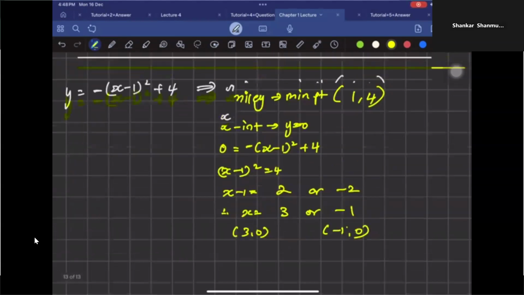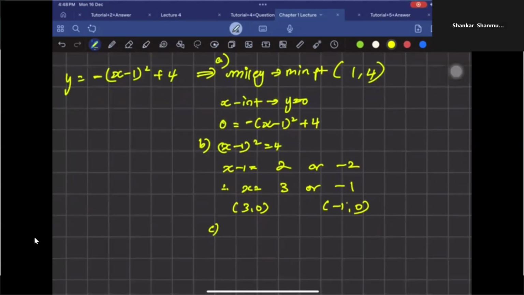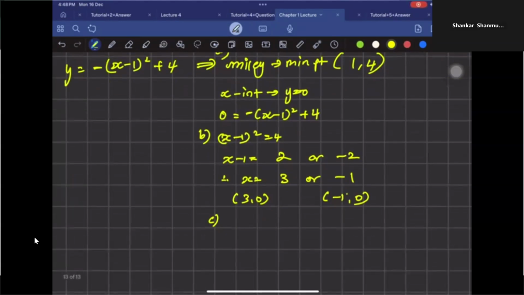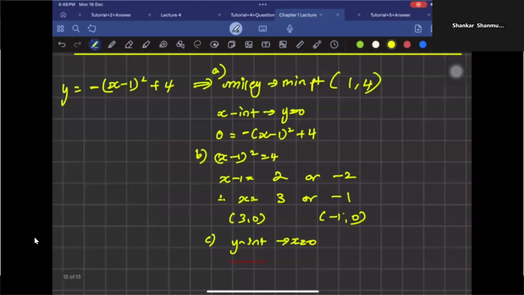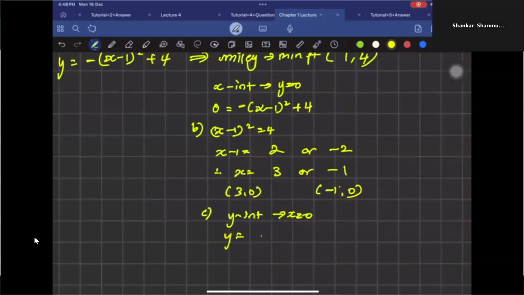And then now your last part, okay, let me label it A, B, and then your last part is trying to identify your y-intercept. So your y-intercept happens when your x is equals to 0. So again, just substitute the value of x equals to 0, and then you'll get y equals to minus 1 square plus 4, which is basically equals to 3.